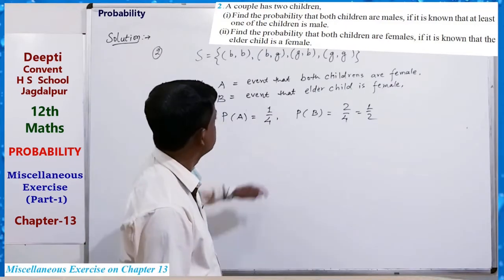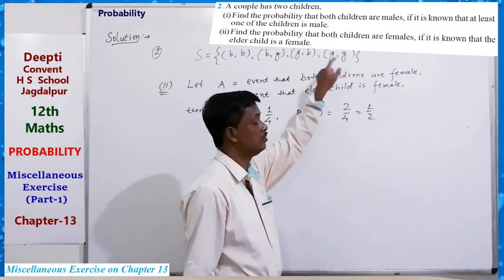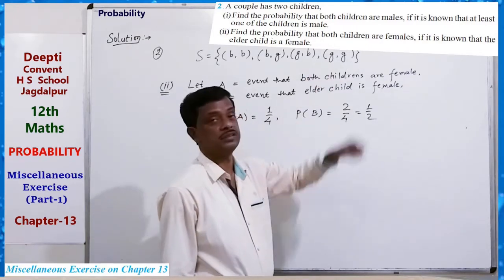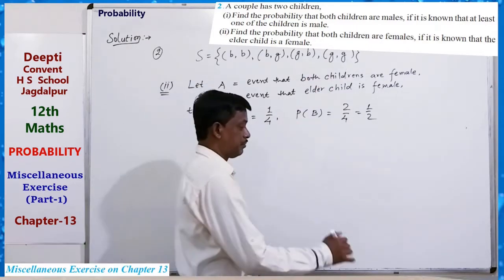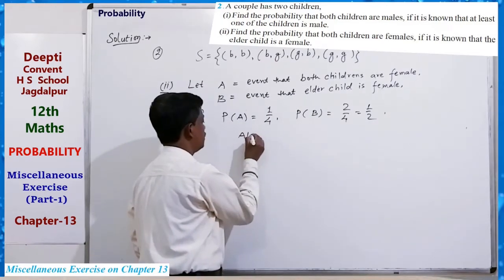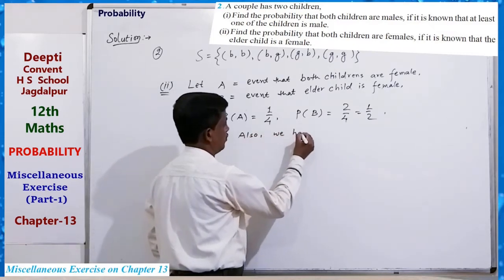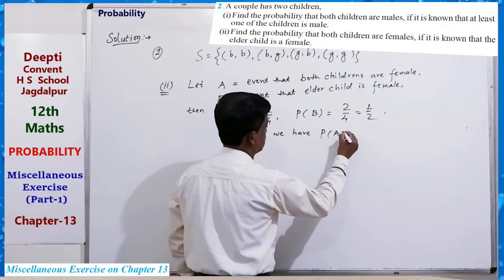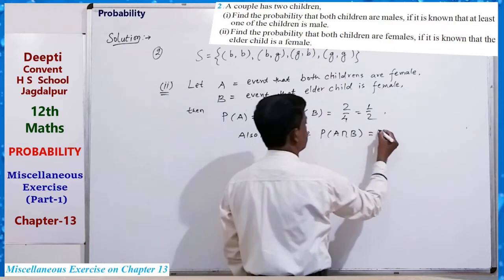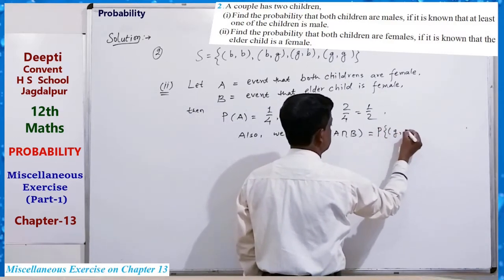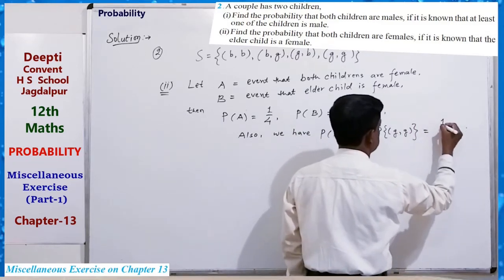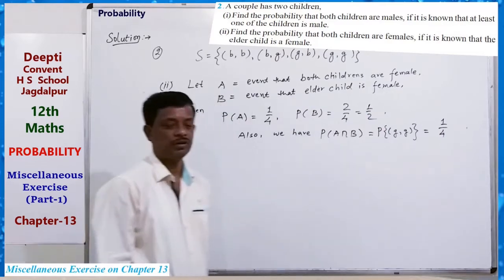In the case of B there are these two, and in the case of A only this one, so P(A intersection B) is P(GG), one case, so 1 by 4. Okay.